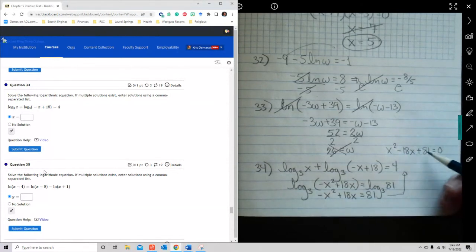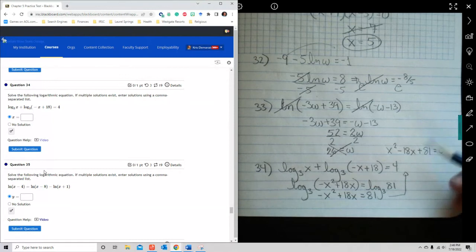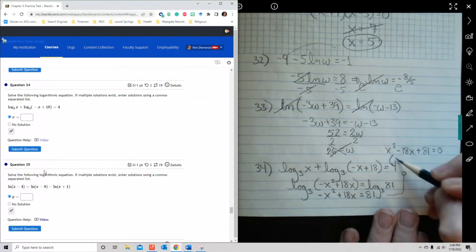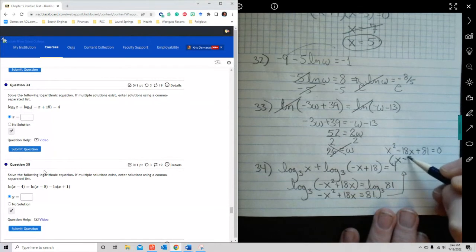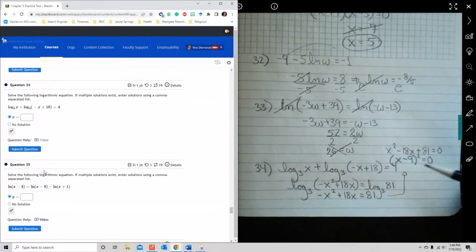And then what two numbers multiply together to create 81 that add up to 18 is 9 times 9, but negative 9 times negative 9. So we're going to have two answers of negative 9, and this is a perfect square. So x equals 9.